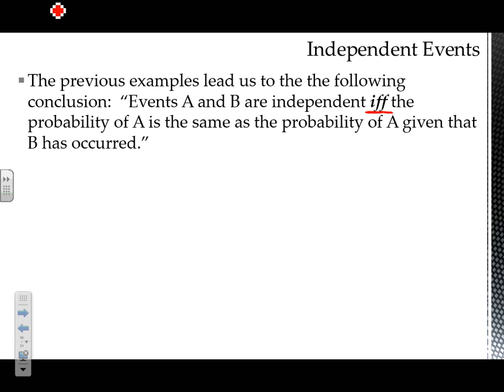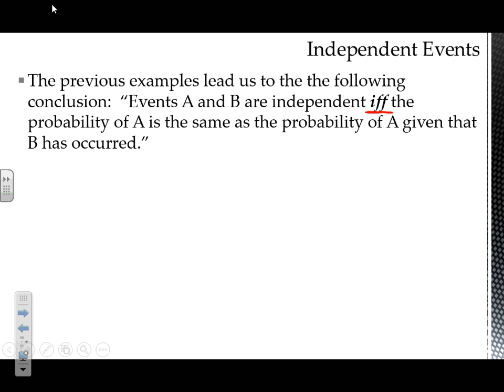This IFF notation means if and only if. So the only way 2 events can be independent is if the probability of the first event is the same as the probability of that event given something else that's happened.